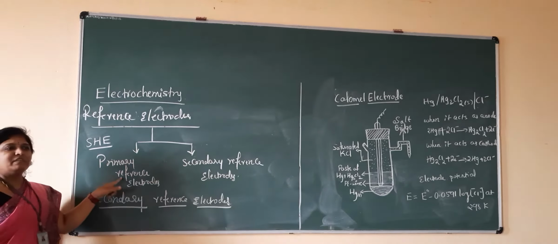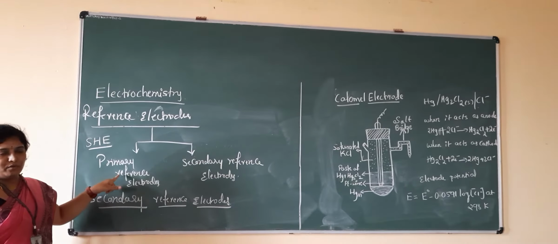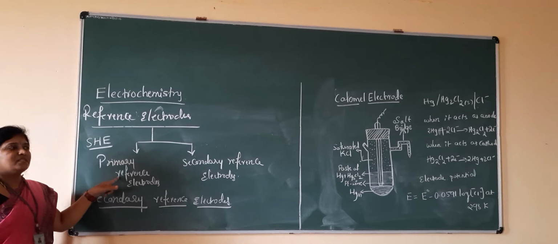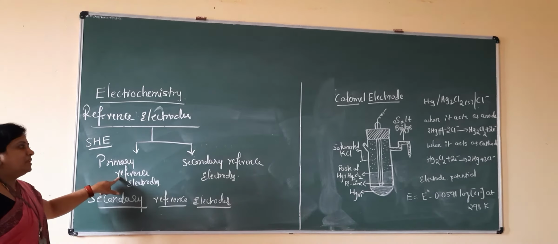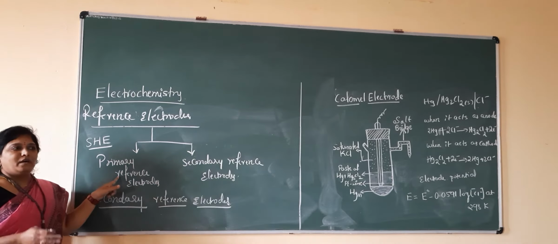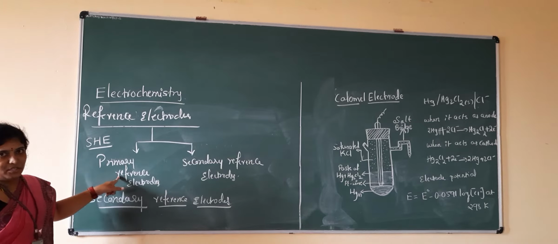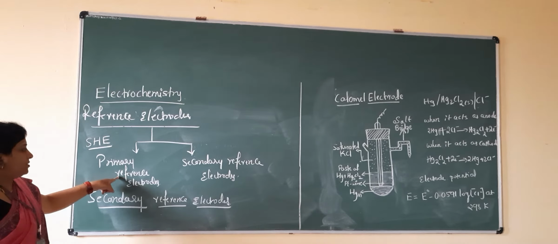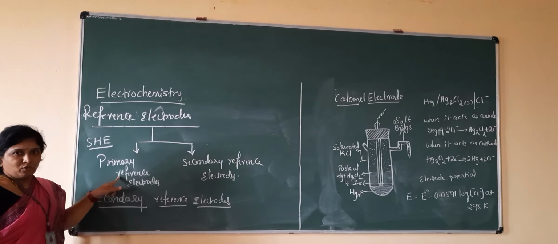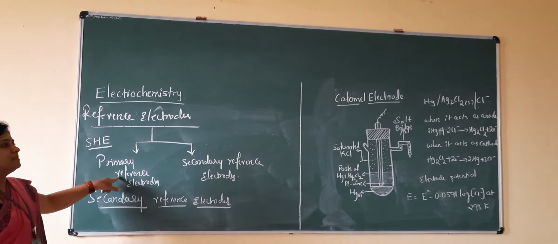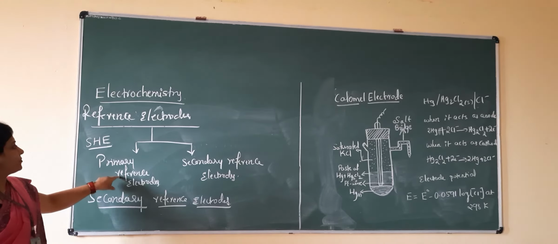But there is a difficulty with the standard hydrogen electrode because we cannot construct it in the laboratories by keeping it at 1 molar concentration, that becomes very difficult for us.